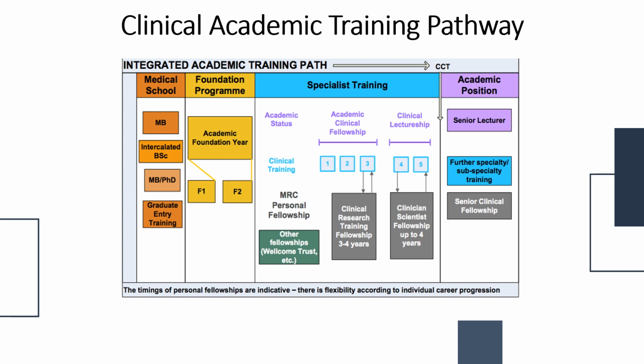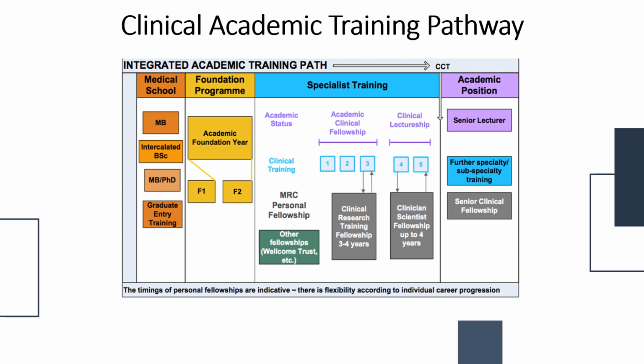In your specialist training, you can do an academic clinical fellowship, which can either be integrated into your training or as an out-of-programme for research experience, where usually you will do a higher degree like an MD or PhD. And then following an award of a higher degree, you can apply to be a clinical lecturer. And this is usually done part-time alongside your clinical training. And that usually takes up to 4 years, so 50% clinical, 50% research.